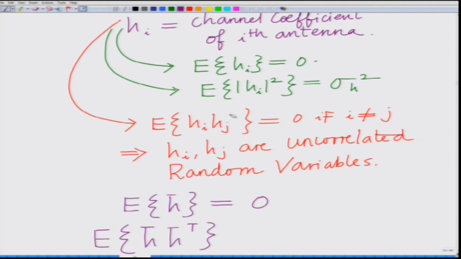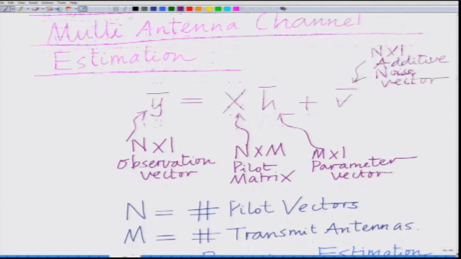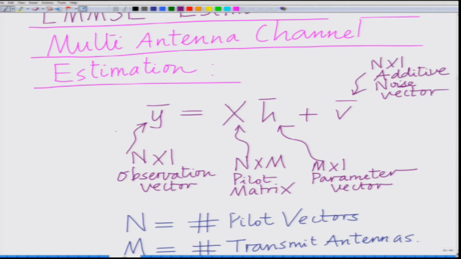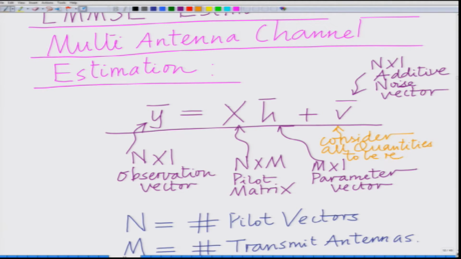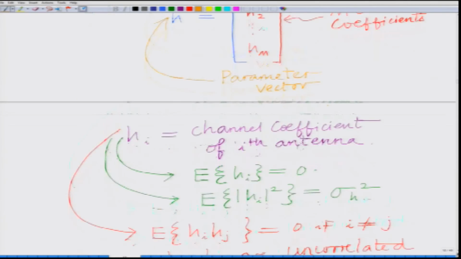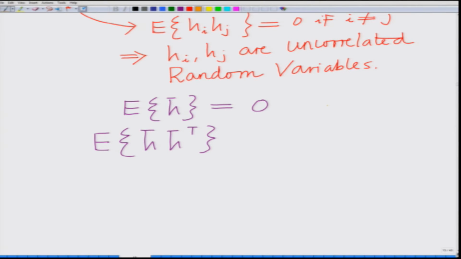I am going to remove this complex conjugate. Just to make this estimation paradigm simple, consider all quantities to be real to begin with. We are going to illustrate later how you can extend this to a complex scenario.